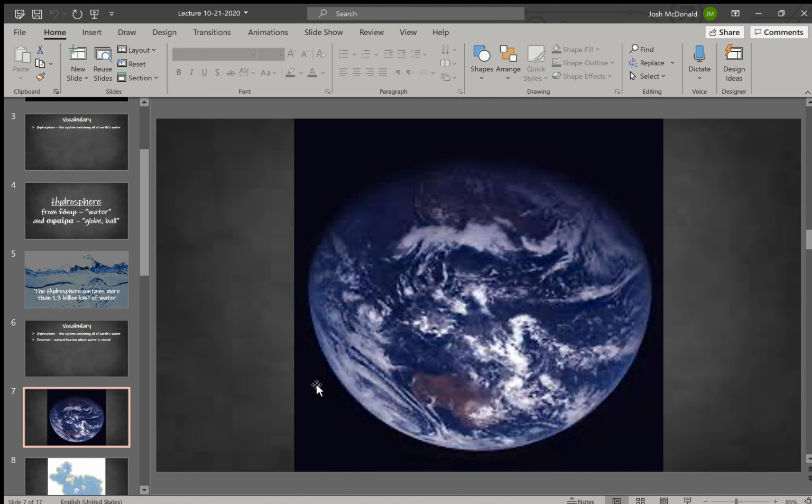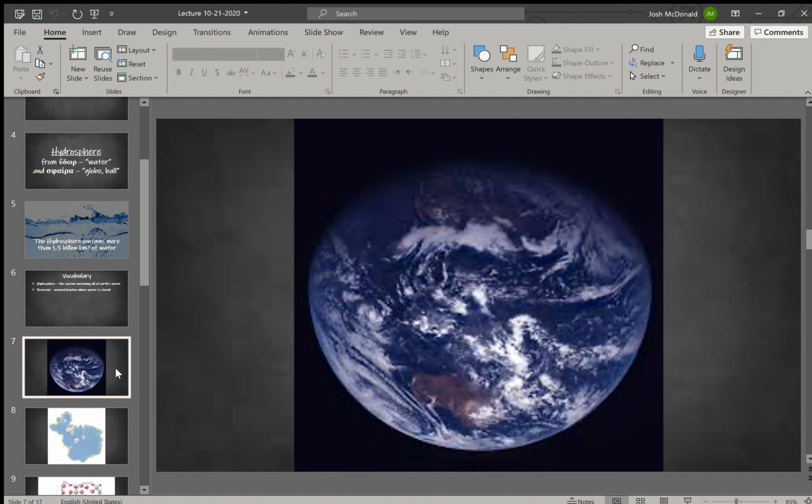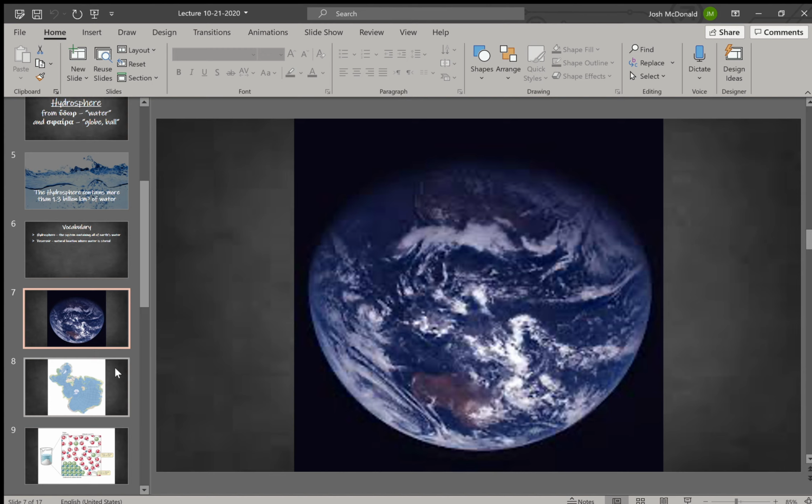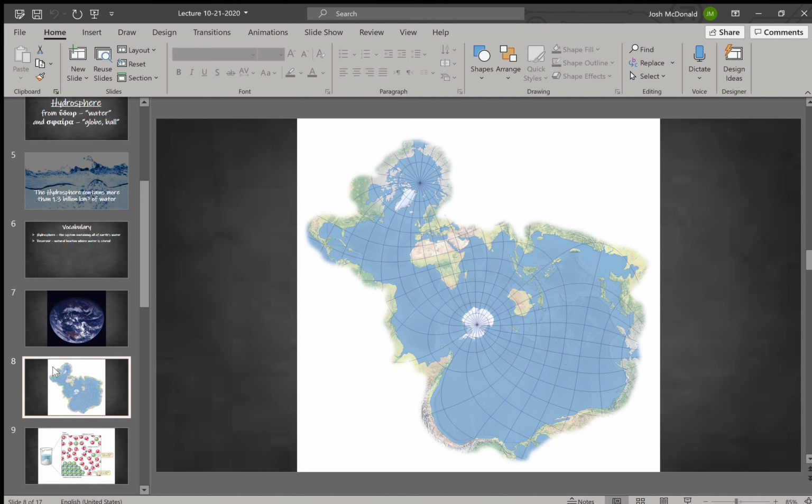This is a shot from Antarctica of Earth's ocean system. Now we name different oceans, but really when you look at it, there's one world ocean. And here's an interesting map, going back to our chapter 1 map skills. This is a map view of Earth's oceans.